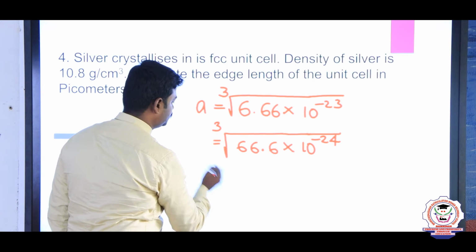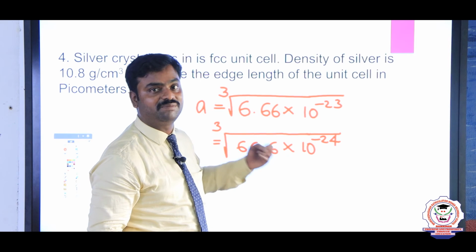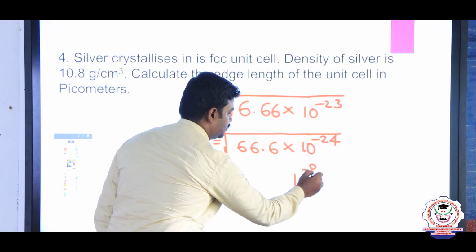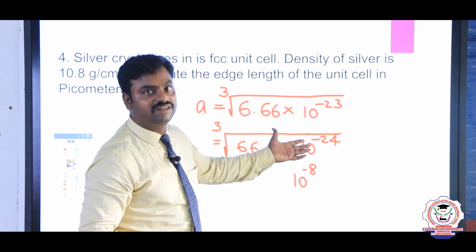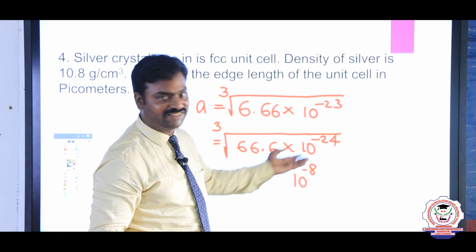Now, when you take the cube root for 10 power minus 24, the value is 10 power minus 8. We are going to divide 24 by 3, so you will get the value 10 power minus 8.